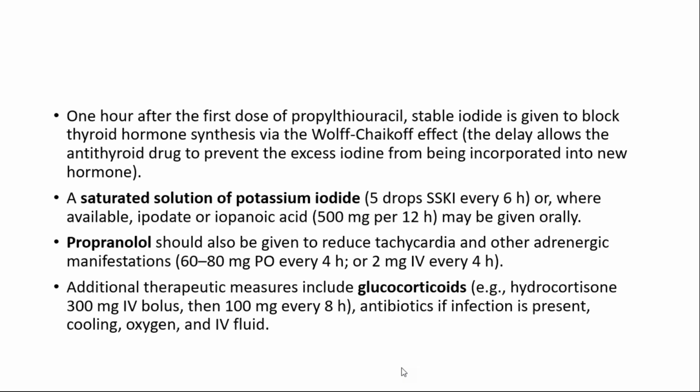Anti-epileptics should also be added because thyrotoxic crisis reduces the threshold for seizures. Glucocorticoid should be given, 300 milligram bolus, then 100 milligram every 8 hours. Antibiotics should be given if there is infection, which is the precipitating factor.